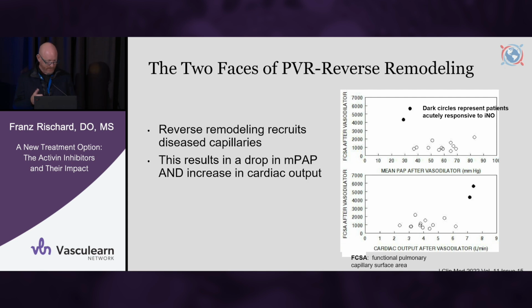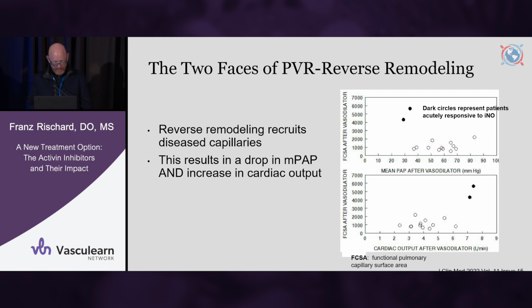So one potential explanation, based on some research done by the folks over at McGill, is looking at capillary recruitment as a potential model of reverse remodeling during exercise. What we know is that this is a very small number of patients. If we look at patients who acutely vasodilate with inhaled nitric oxide, that is a very specific phenotype of patients who, other than living longer, will have a different distribution of perfusion and increased capillary perfusion.